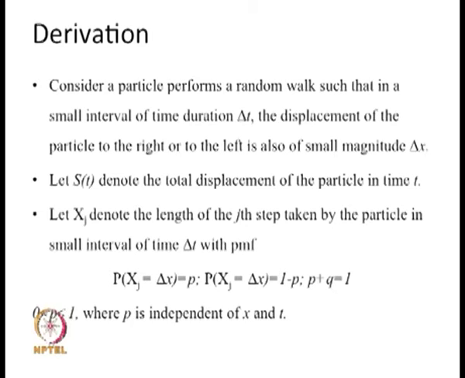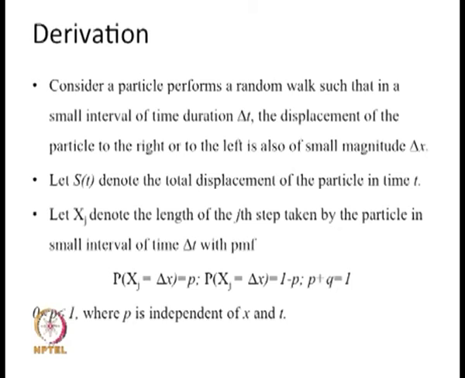Whenever a particle performs a random walk in a very small interval of time delta t, the displacement of the particle to the right or to the left has magnitude delta x. Now we define a random variable S of t, which denotes the total displacement of the particle in time t.